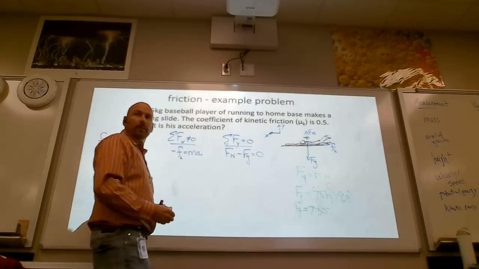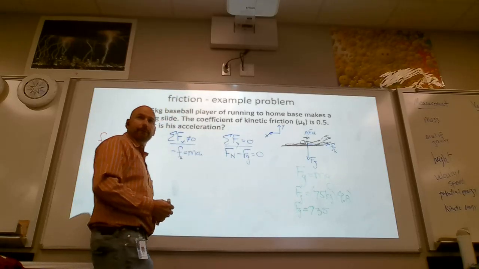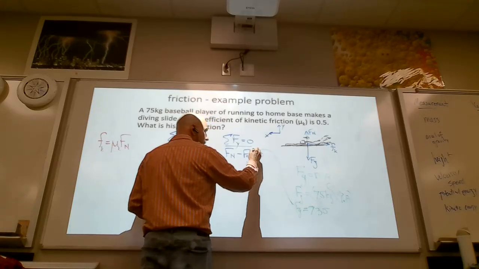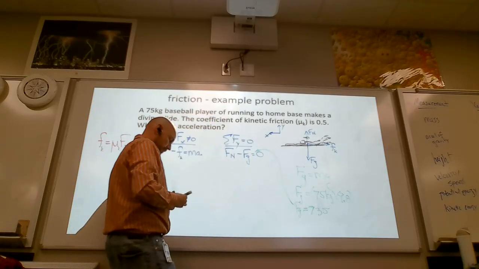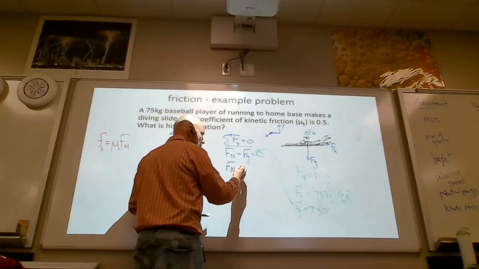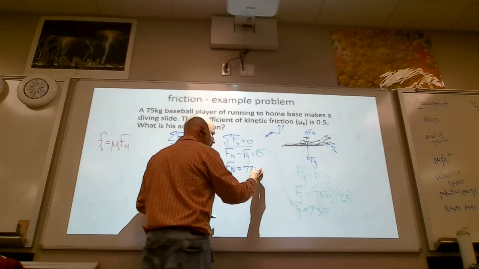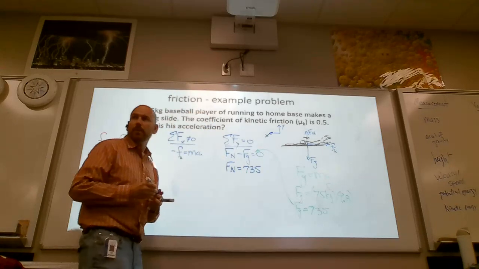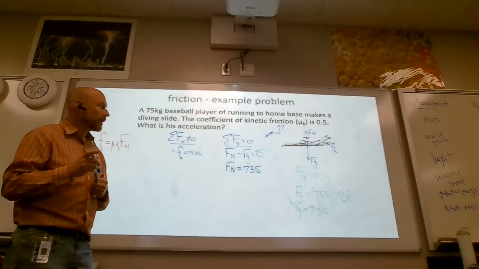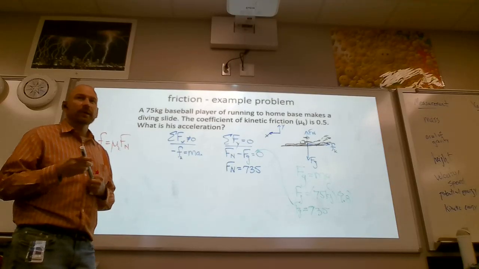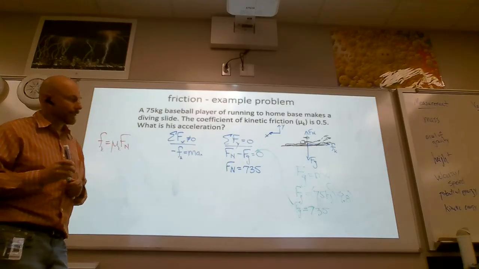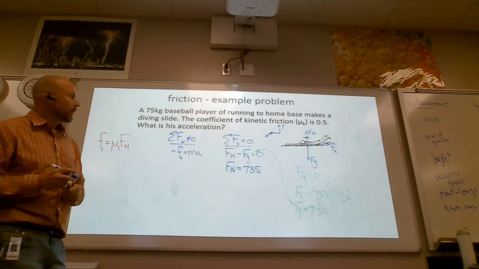Okay. Follow that. Then I can take that and I can plug it in here. So normal force is also equal to 735. Question. Does normal force always equal force of gravity? No. It does in this case, but not always.